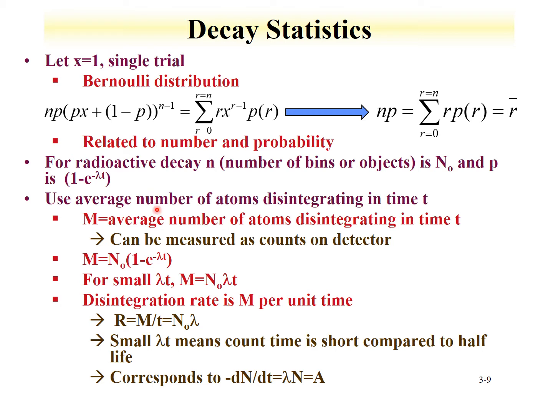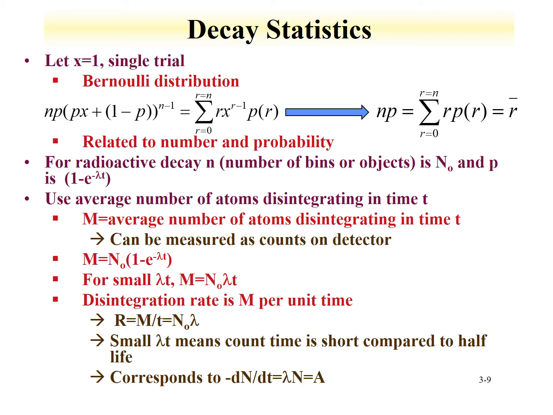We get this equation where the average number of atoms disintegrating is equal to N times 1 minus e to the minus lambda t. For a small term where the decay constant times time is small, we can just make this equation m equals N naught lambda t.